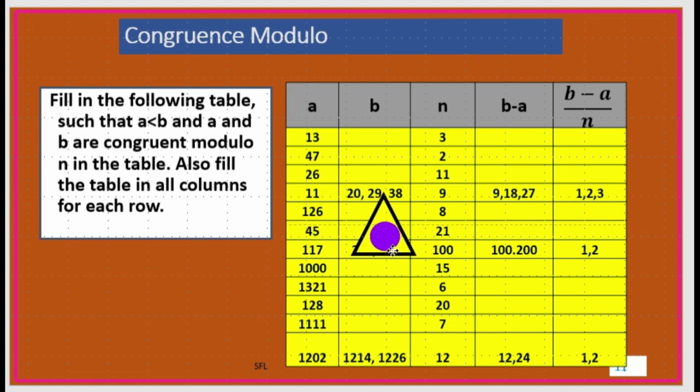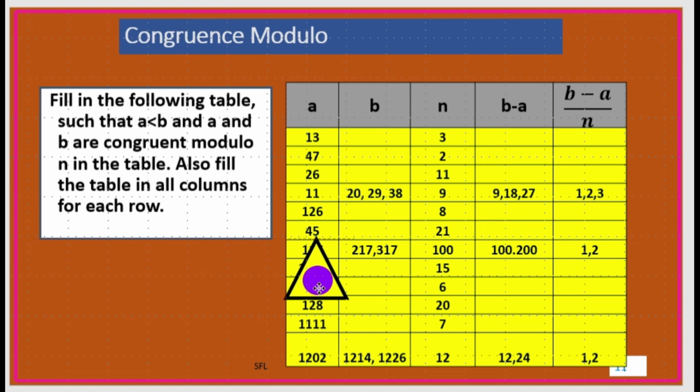Here one example is completely filled. a is 11, b 20. Then b minus a will be 9. 9 by 9, 1. a 11, b 38. Then b minus a will be 27. 27 by 9, 3. 45, b is not given. n is 21.